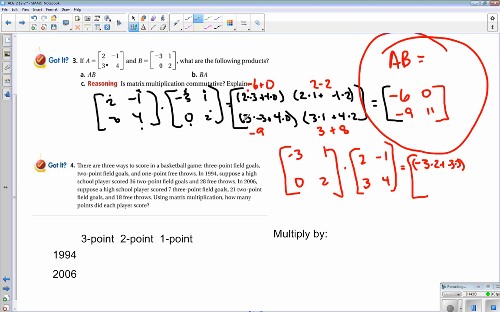And then this one is going to be -3, so here I had 2, but instead I'm going to have -3 times a 1.